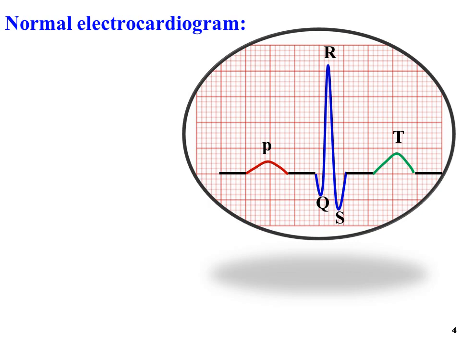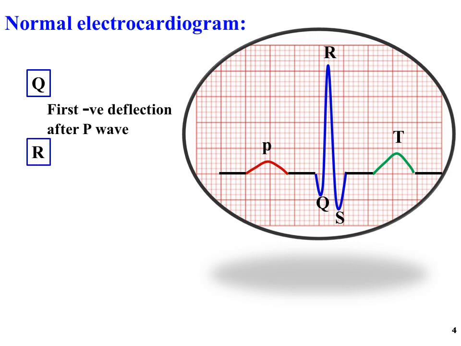How can we name the waves of an ECG? The Q wave is the first negative deflection after the P wave. The R wave is the first positive deflection after the P wave.